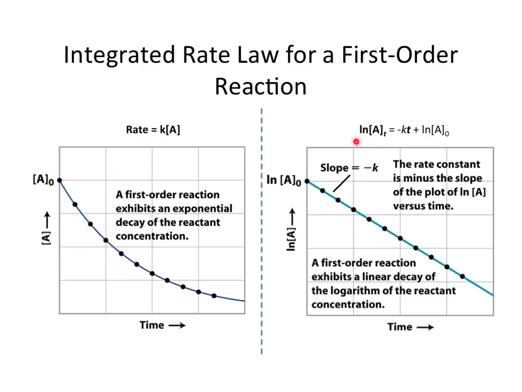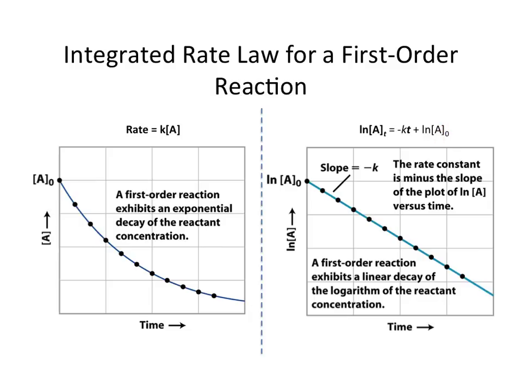And what you end up getting for a first-order reaction is that the natural log of the concentration at some time t equals negative the rate constant times time plus the natural log of your starting concentration. The starting concentration is indicated by this subscript 0.